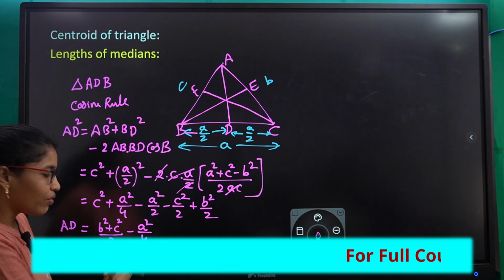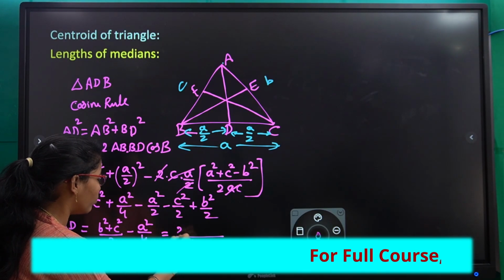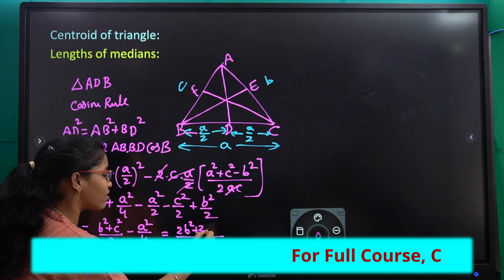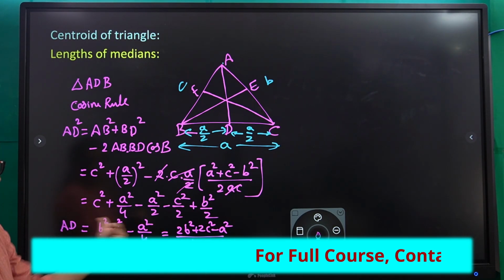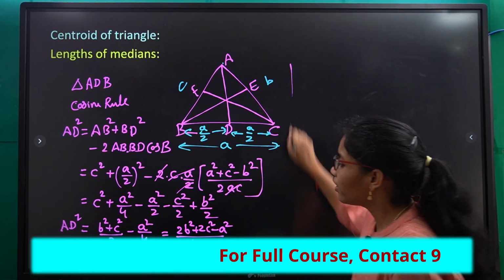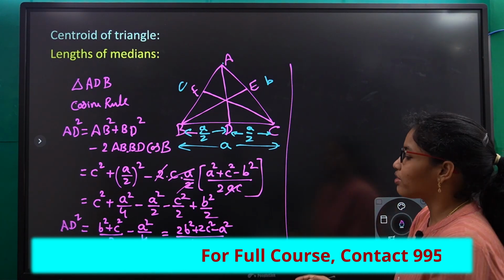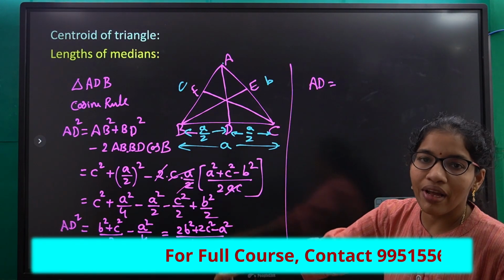Now take the LCM. What is the LCM here? 4. So which is equals to 4 into 2B square plus 2C square minus A square. Clear? Right. So now AD square. Now what about AD? Take the square roots on both sides. We will get AD equals to 1 by 4 square root.